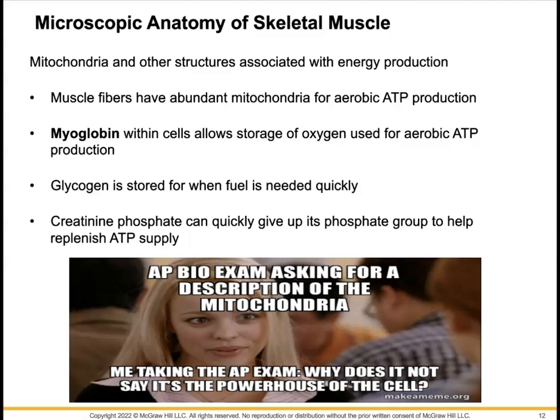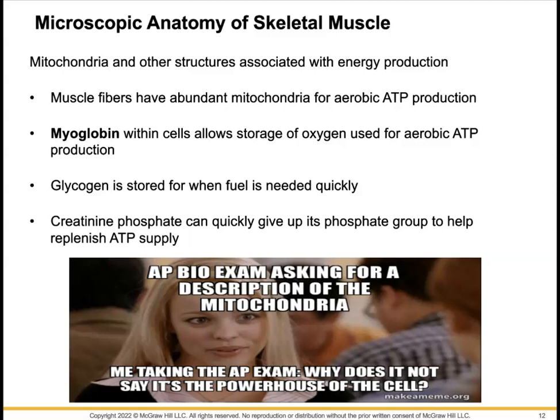All right, so let's wrap up this microscopic anatomy by looking at a few other things that are found within muscle cells. Now, obviously we know that cells have mitochondria that we use to create ATP. Muscle fibers have lots of mitochondria because they are constantly using ATP.